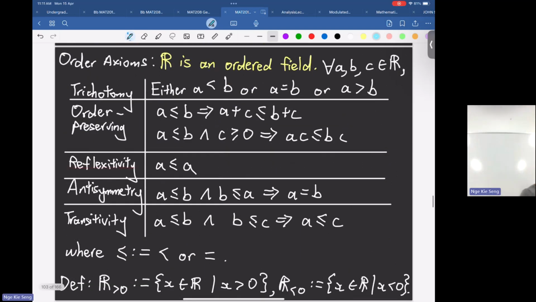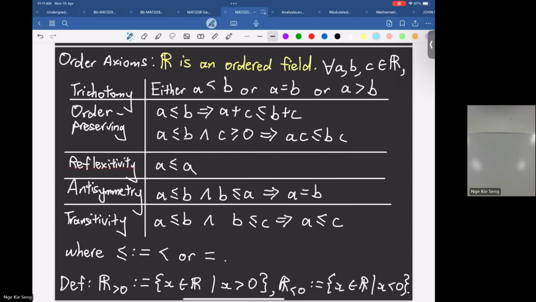And then we introduced the order axioms. So how do we introduce them? We don't really care what less than or equal means for the moment. We just care that less than or equal has to satisfy these properties. Do you still remember, if a relation is reflexive, anti-symmetric, and transitive, what do you call it?